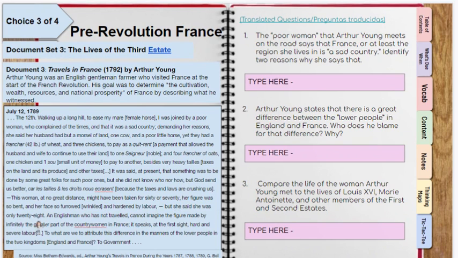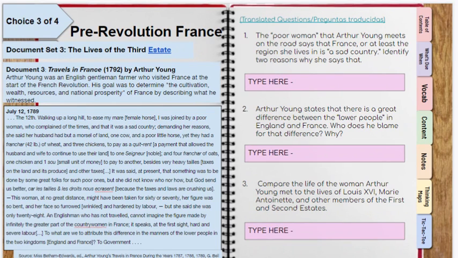But she said she was only 28. It's a really important quote to focus on to show us how bad things were for the Third Estate. This man who was traveling could have been off by decades on how old this woman was because of the hard life that she lived and the experiences that she had.